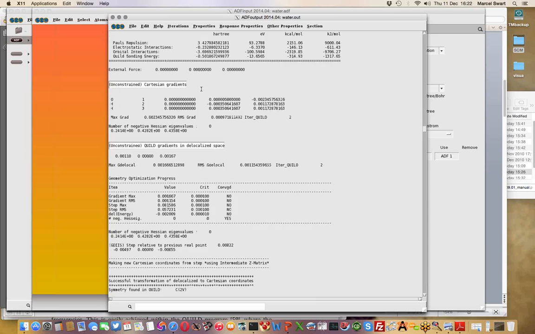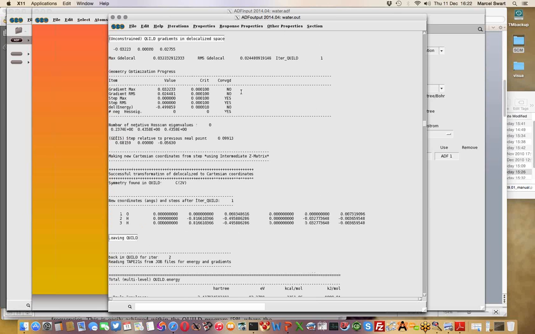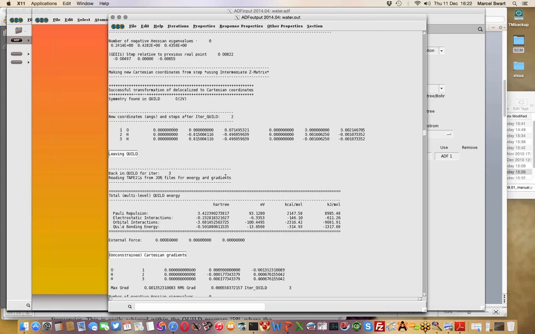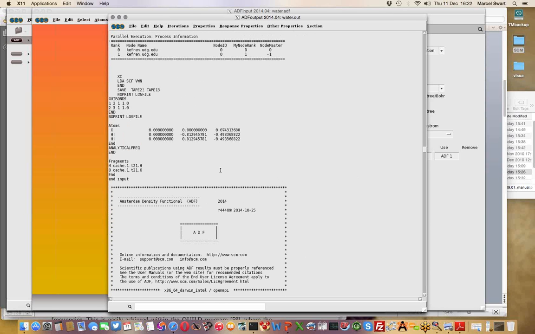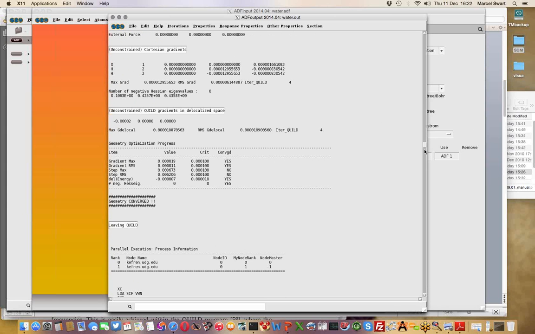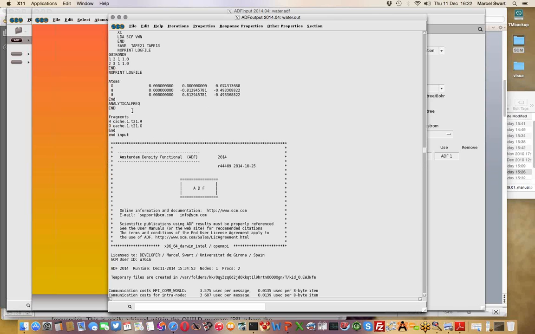You do optimization, so here's the first step, here's the second step. In the end, the geometry is converged. And then within the same calculation you do the frequencies.